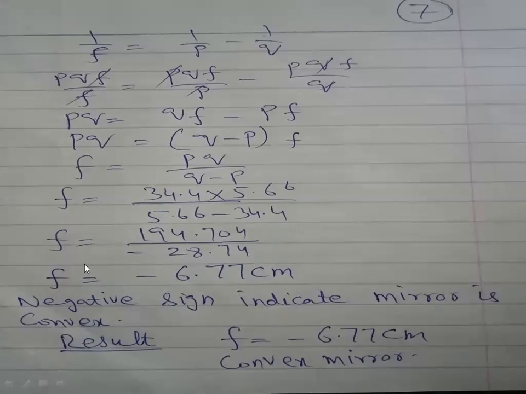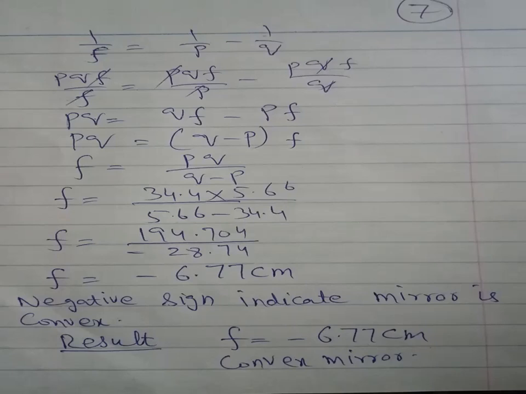When the focal length is negative, it means it is a convex mirror. In this numerical we were asked to find the focal length, which I found to be minus 6.77 centimeters, and this negative sign says this is a convex mirror, as we discussed in the sign convention when we started the chapter.